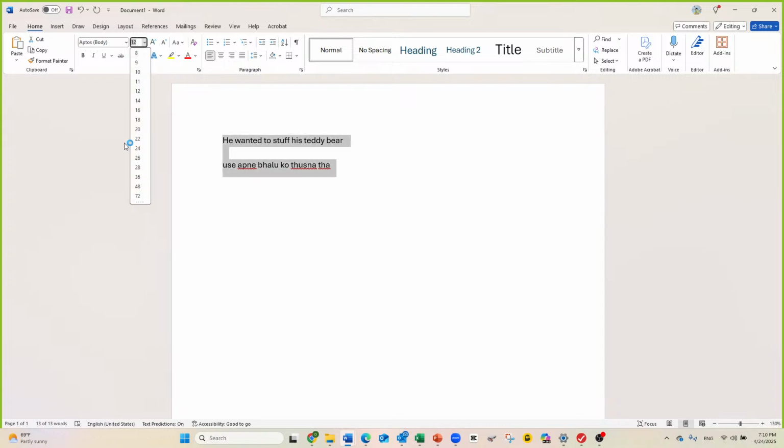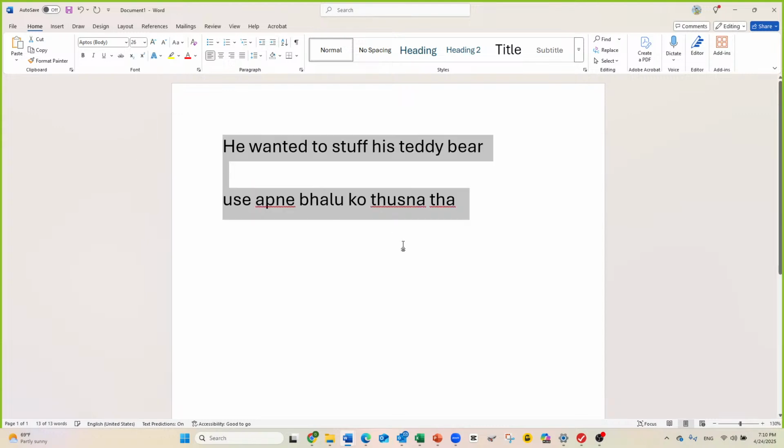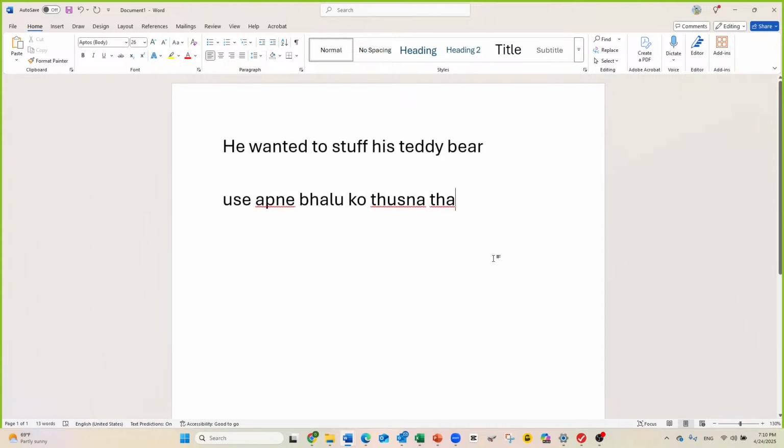Wait, does this ठूसना come from thus? Thus was the word, right? Yeah. Okay. So obviously, when we use any verb in a sentence, it changes a bit. So in this case, it will become thusna.